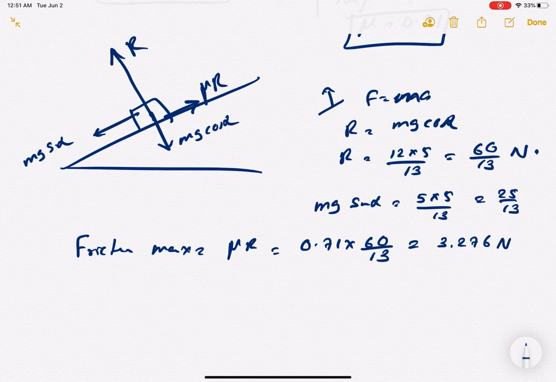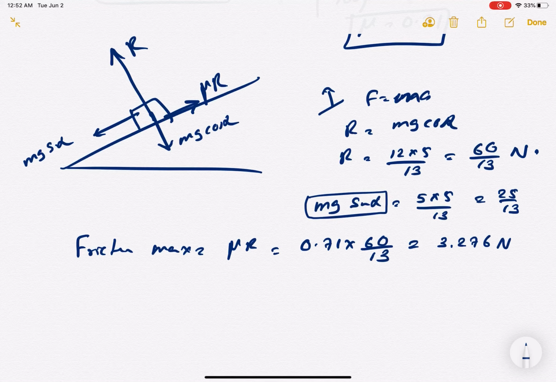So the maximum value that friction can have is 3.276 newtons, but the weight component acting down, mg sine alpha, is 25 over 13, that is only 1.92.